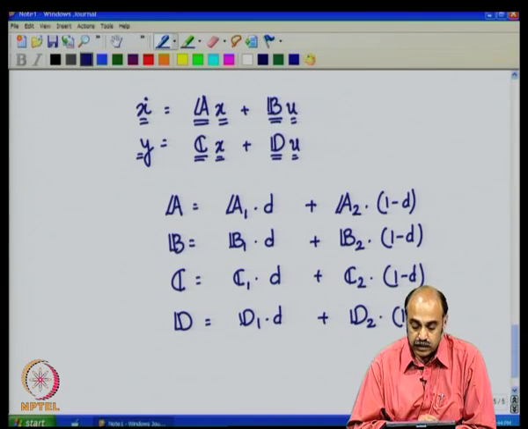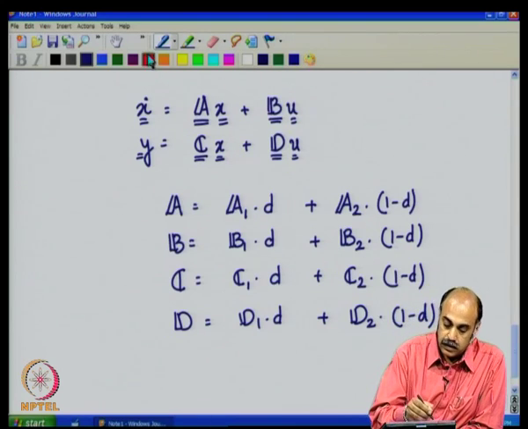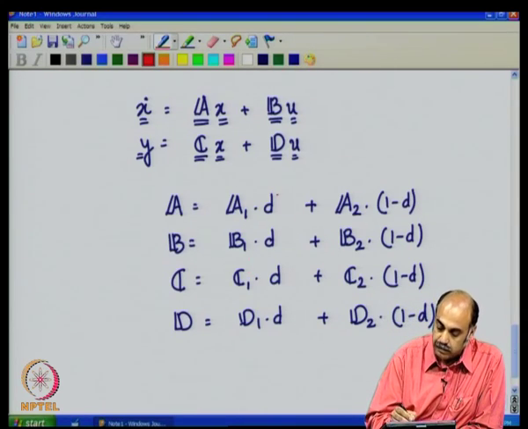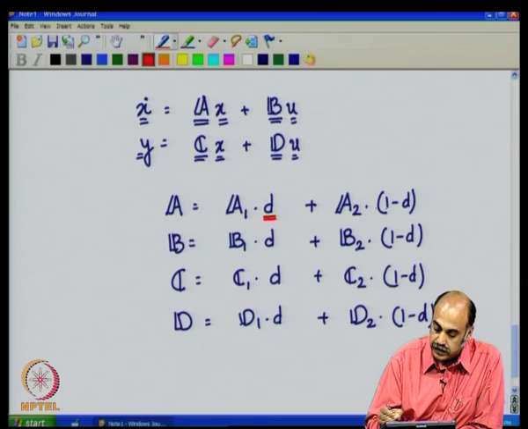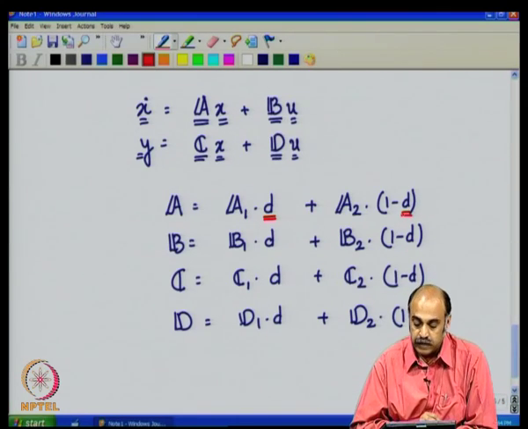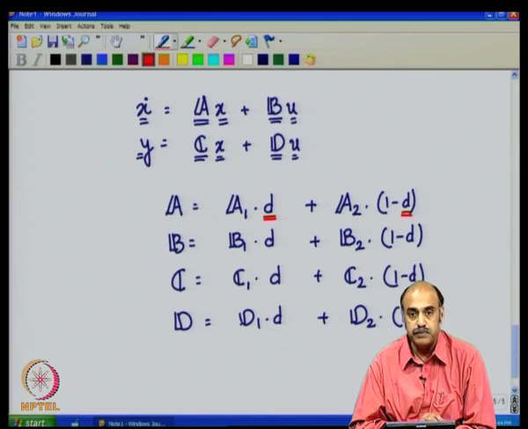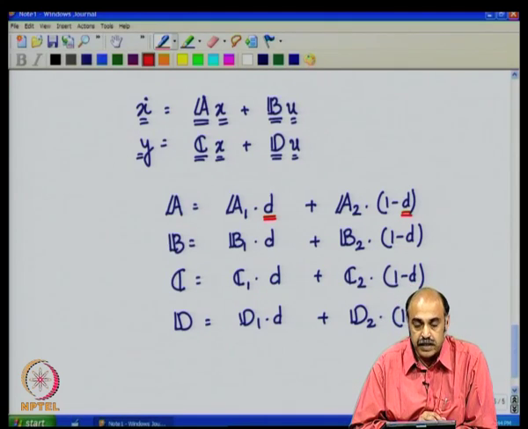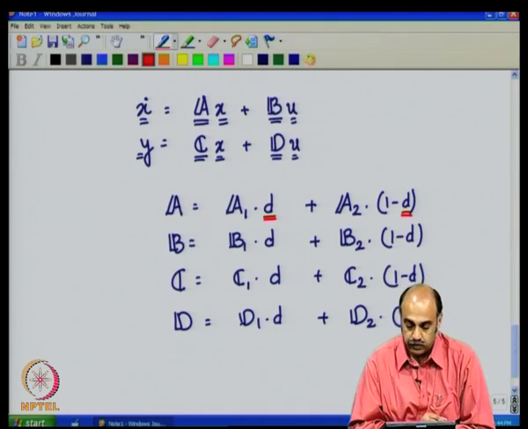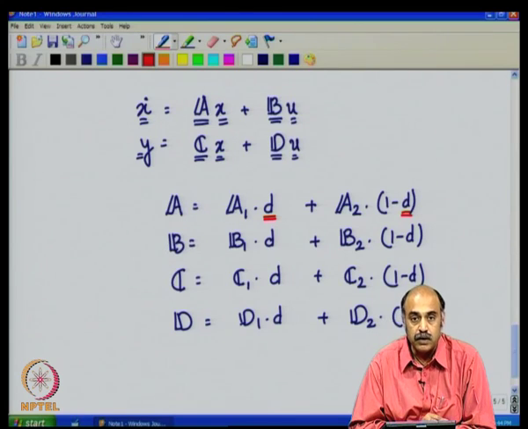So, now you must note that the A, B, C, D matrices are weighted by D, and D is the duty ratio, which keeps changing with time based on the controllers employed to control the output y.